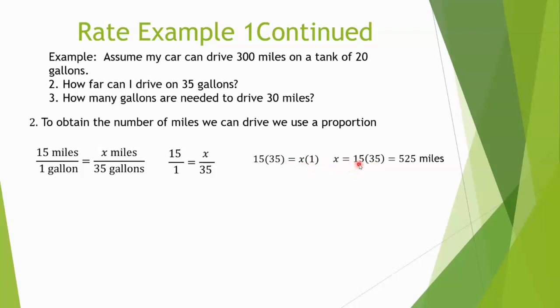Here I just interchange the two. In an equation you can do that. You really want to have the variable on the left side. Technically it's not wrong to have it on the right side, and if you left it over here and just said 525 miles equals X, I'm not going to take off points for that.